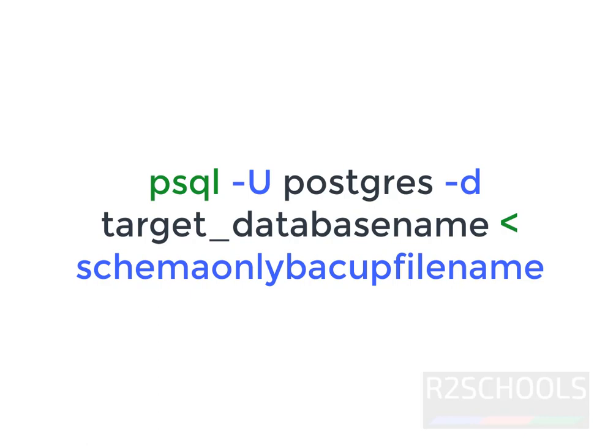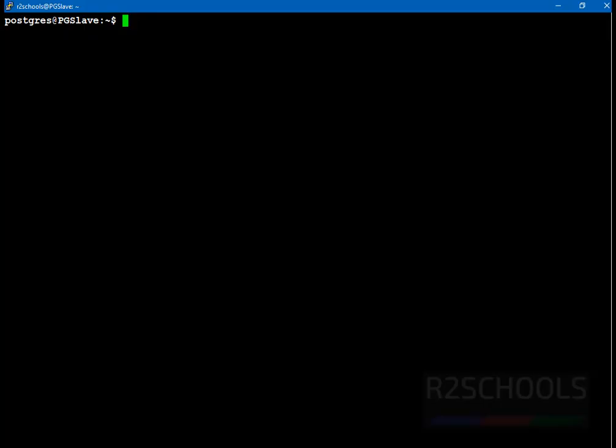If it is remote host, you have to provide the remote host, then -d, the database name, then -U username, then less than symbol, and provide the schema only backup file name with the location. Before that, we have to create the target database if it does not exist.